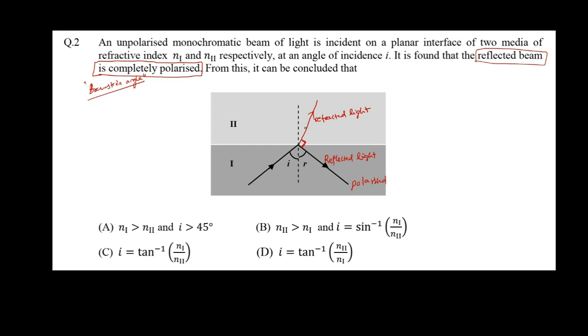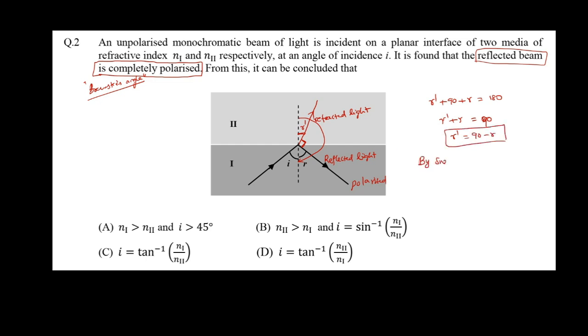Then the angle of refraction, let us say r dash, then I can write r dash plus 90 plus r should be equal to 180. This entire angle I am taking as 180. So this is a known phenomenon. It's directly r dash plus r is equal to 90. Then r dash we can write as 90 minus r. Once I know the r dash value, we can apply Snell's law.